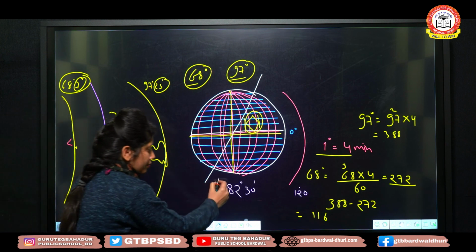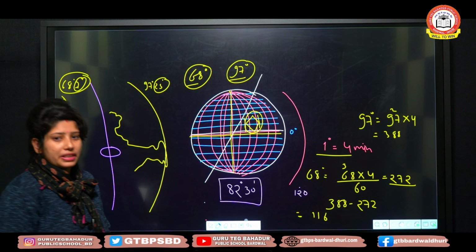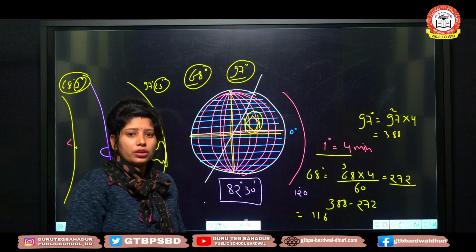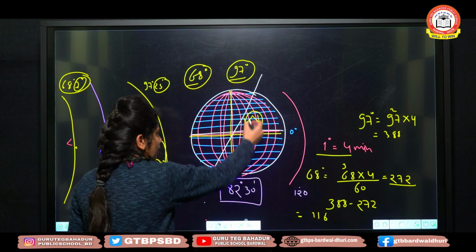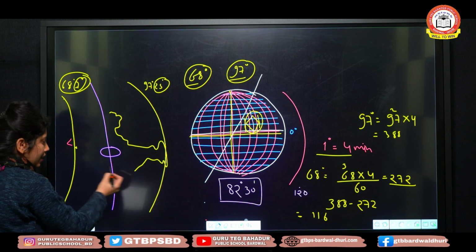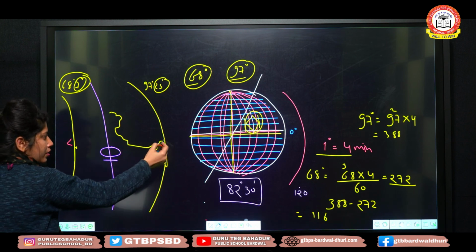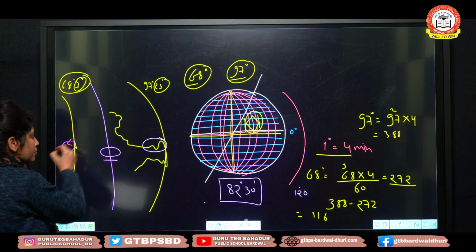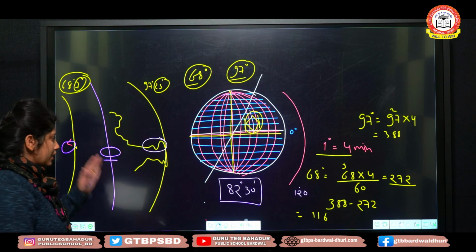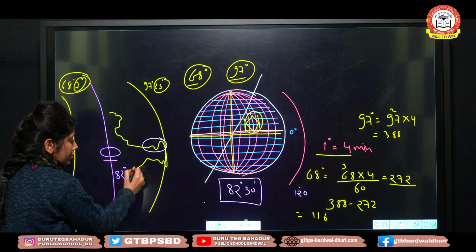Therefore, 82 degree 30 minutes is the standard meridian taken by us to calculate the same time for the whole country. So this is somewhere here. The time, whatever it is here, you will have to follow here also and here also.